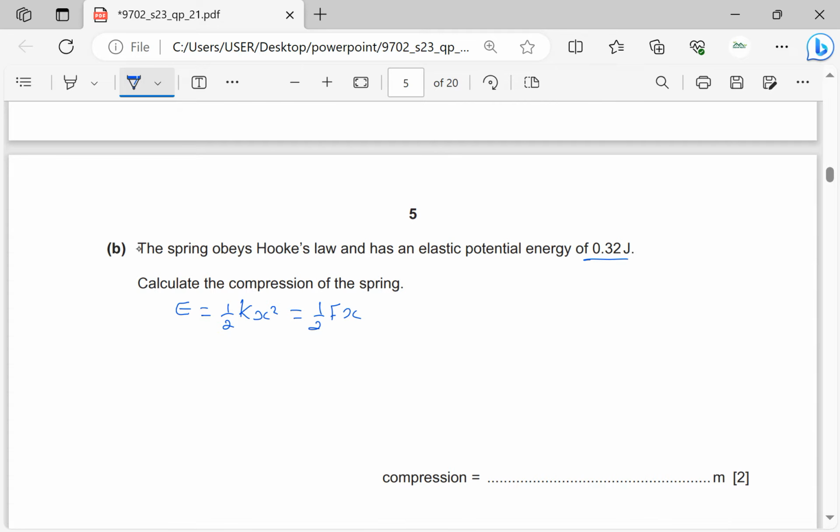Since I have the forces, I don't have the constant, I'll ignore the constant. So I'll just say the elastic potential energy, which is given as 0.32, should be equal to a half times the force in the spring, which was given as 8.2 newtons in the previous part. So this is times 8.2 newtons times x.